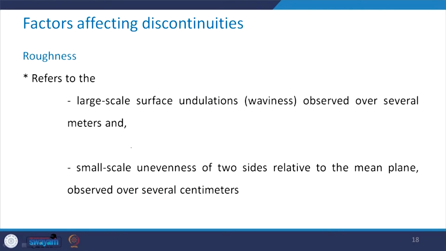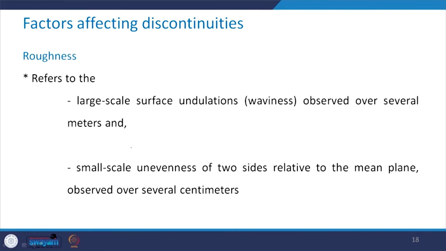Coming to the next factor, that is roughness. It is very important because in most of the stability analysis you carry out for the rock mass, it is this factor which contributes a lot towards the strength characteristic. When I say roughness, this refers to two things.